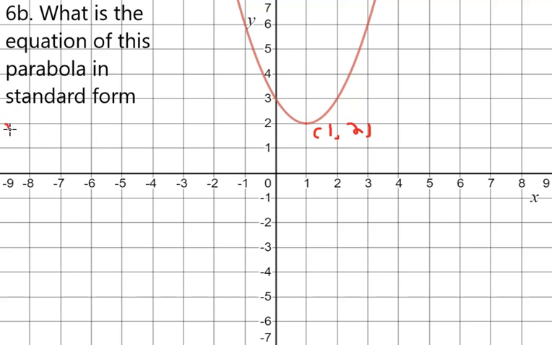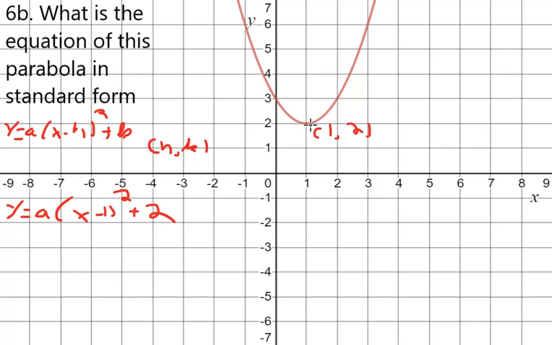So we're going to use vertex form, which is y equals a times (x minus h) squared plus k, where (h, k) is the vertex. So our vertex is (1, 2), and we have y equals a times (x minus 1) squared plus 2. Now we need to figure out a.